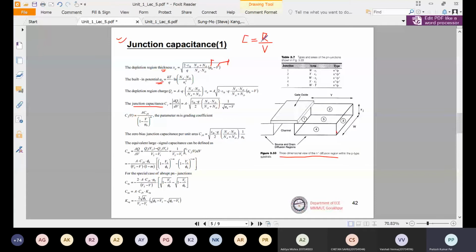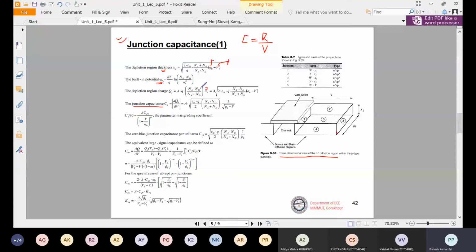The total charge is given by A into Q, the total concentration, into the depletion width. For whatever area is there, we find the total charge, and based on that we find the capacitance.